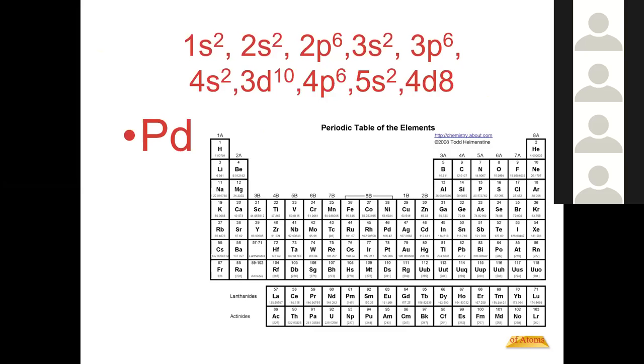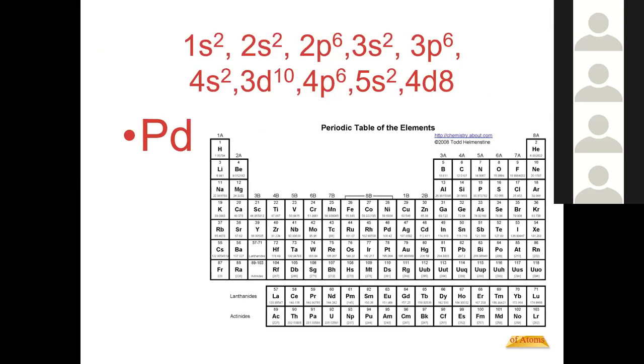You're going to do krypton. Then where do we go from there? What's the next orbital we put in the sequence? 5s2. Next. 4d10. And 4p3.